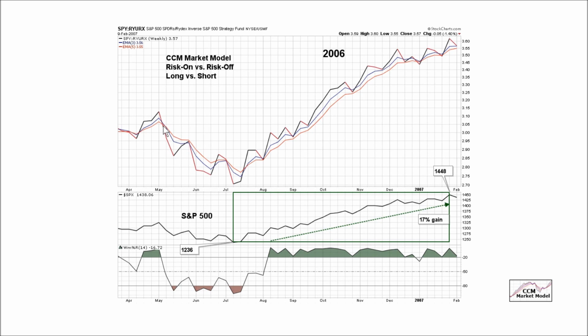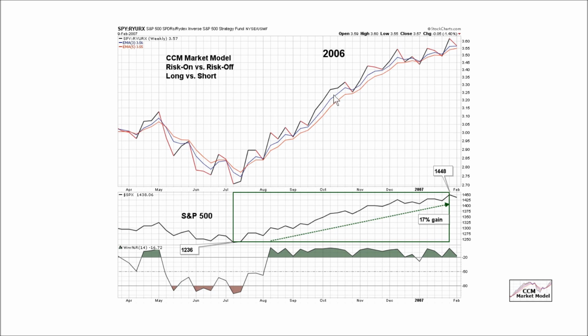Here's observable evidence that we can see here on a chart that precedes losses in the S&P 500 index. During this period where the model says we're in risk on, the S&P 500 moved from 1236, this is the S&P 500 here, where my cursor is, to 1448, which was a 17% gain.